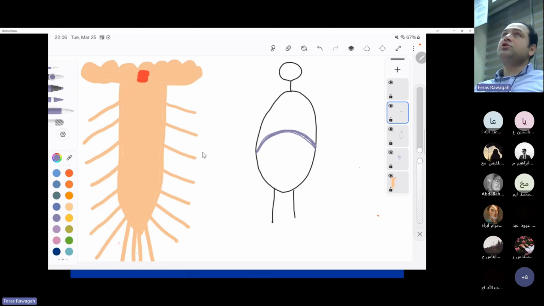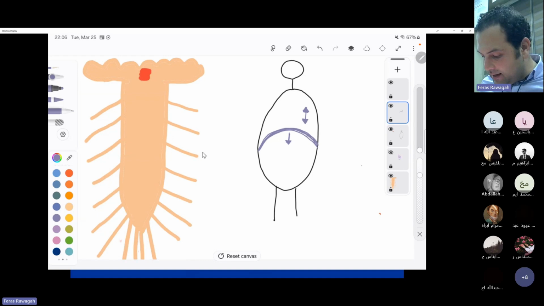So what are the functions of the diaphragm? Actually, when the diaphragm contracts, it increases the superior-inferior diameter of the chest. It pushes downward, and by this it will push the abdominal content and result in abdominal expansion, an abdominal bulge.